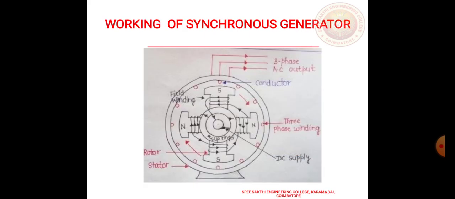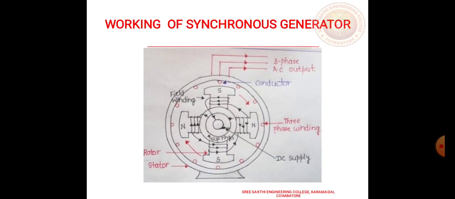Next one is working of synchronous generator. The field magnets in rotor are magnetized by applying DC supply to the field winding. Field windings are connected such that alternating north and south poles are produced. Rotor and field magnets are also driven by a prime mover.